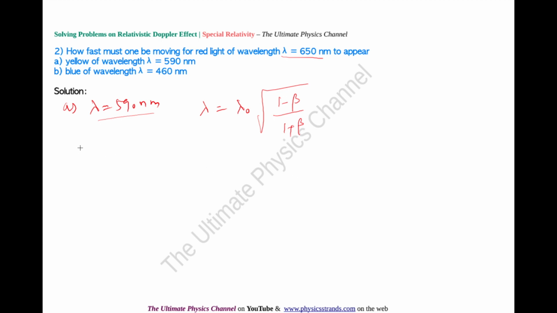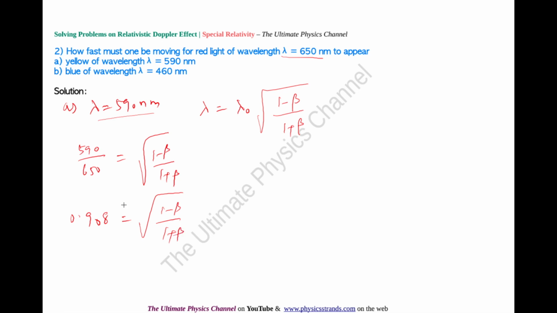So lambda by lambda naught is 590 nanometers yellow over 650 here, which is the square root of 1 minus beta over 1 plus beta, and that would be 0.908.